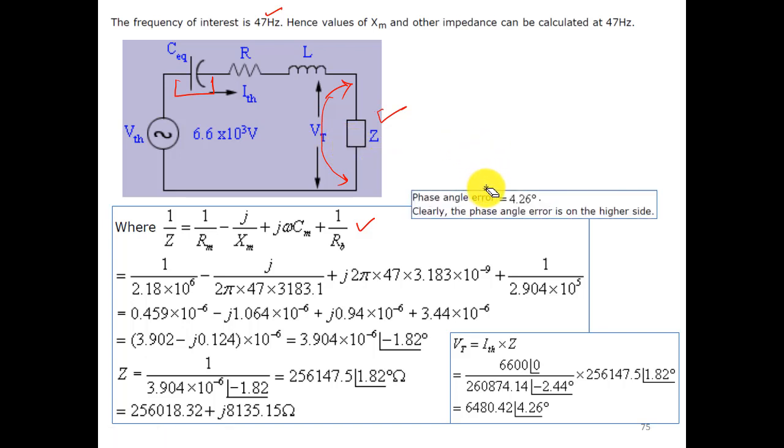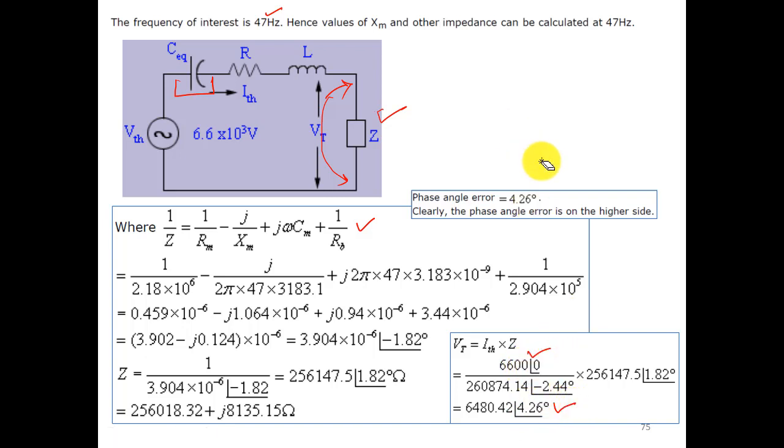So the phase angle error is in fact 4.26 degrees, because the angle of VT is measured with respect to the voltage VTH, which is taken as the reference, that is the voltage fed to the primary side of the transformer. That is the 6.6 kV, taken as reference, and VT is making an angle of 4.26 degrees with respect to VTH.